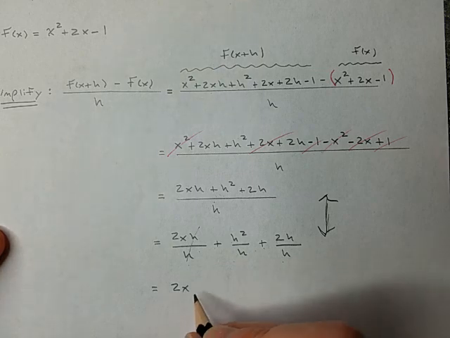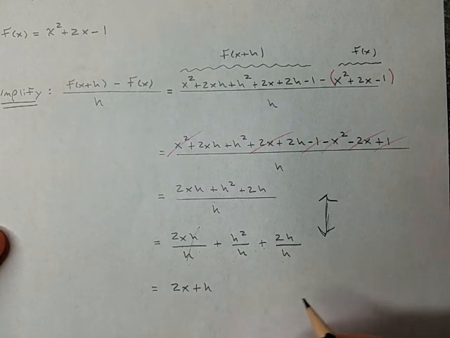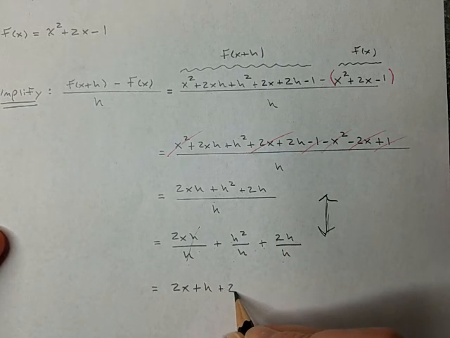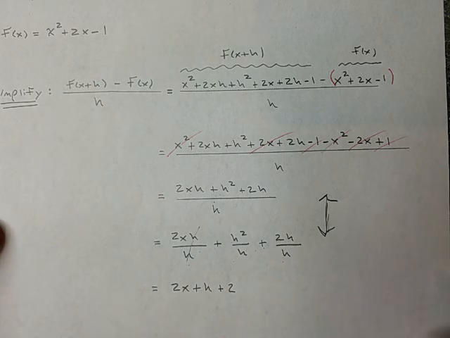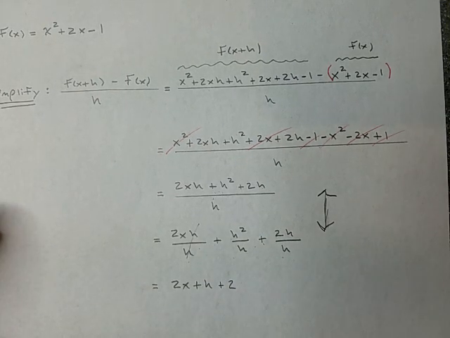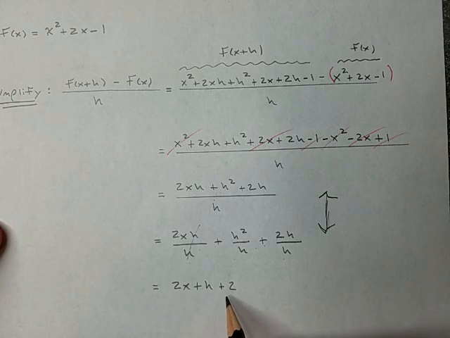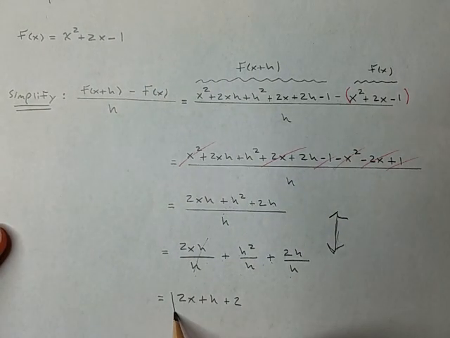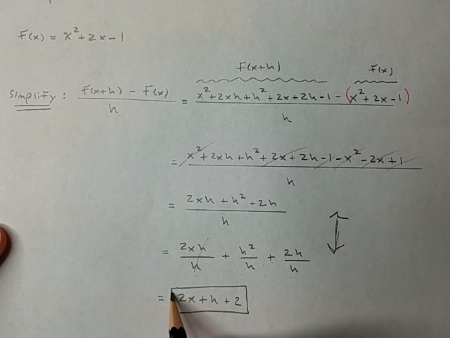How did that cancel? Well, that's going to give me an h. Okay? And then 2h over h, that's going to give me a 2. All right. Anyway, 2x plus h plus 2. That's the simplified result of the difference quotient.